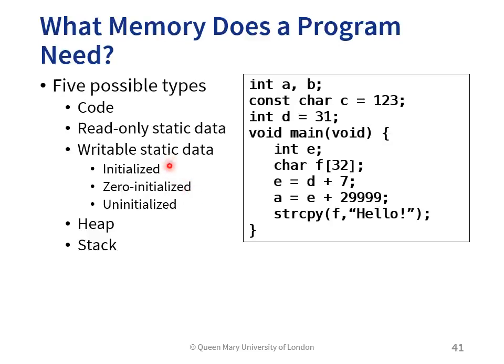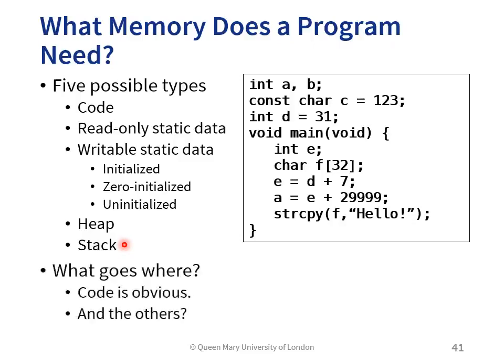In this static data, they can be initialized, zero initialized, or uninitialized. We have seen some examples. This one is initialized, and A and B will be zero initialized. The last two will be the heap and the stack that we're going to explain in greater detail later. So these are the 5 possible types.